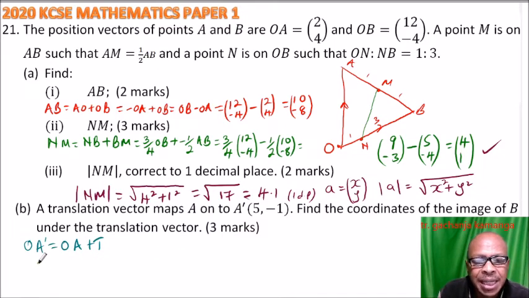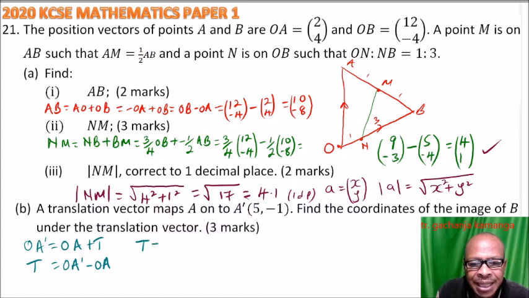So we can take T equal to, we take OA to the other side, so it is OA prime minus OA, so that we get the translation vector.